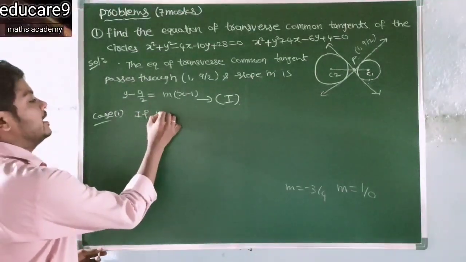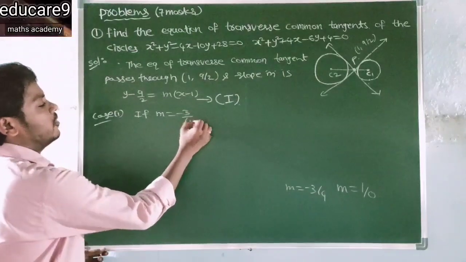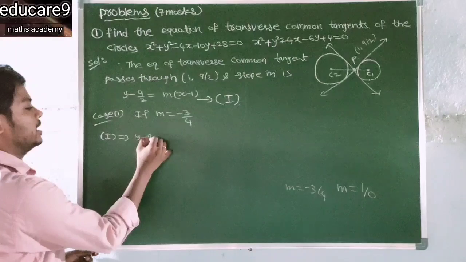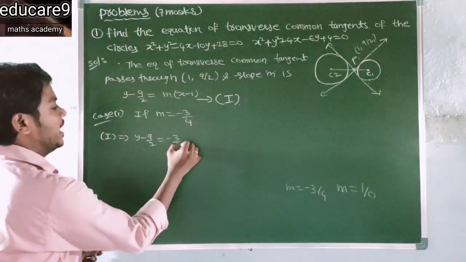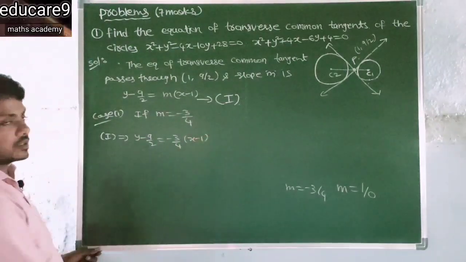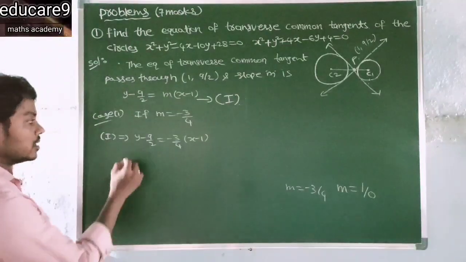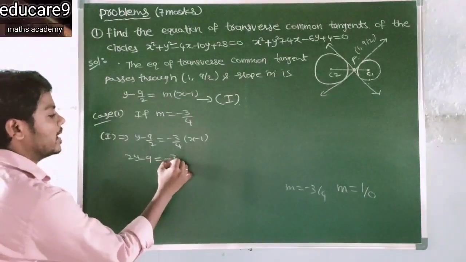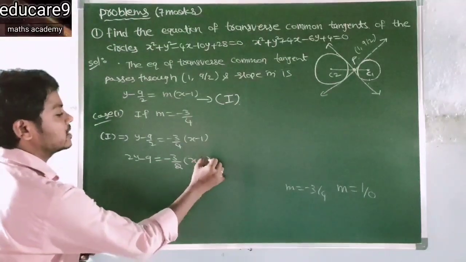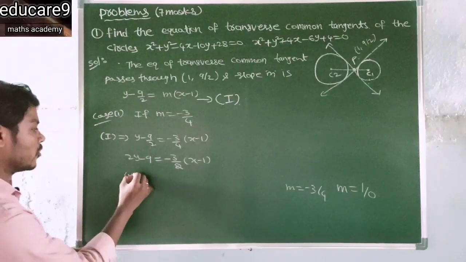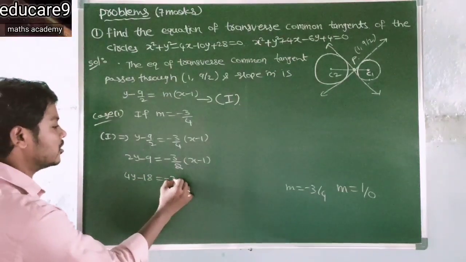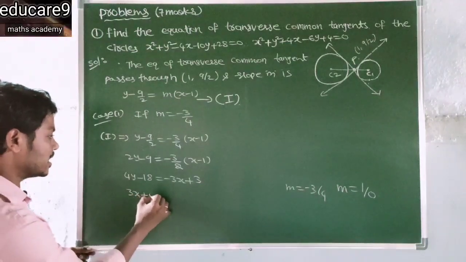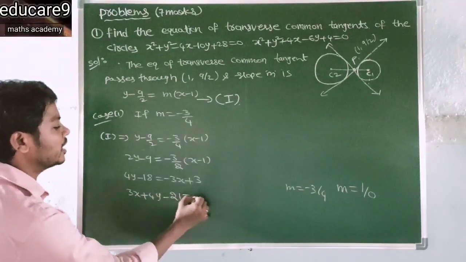If m is equal to minus 3 by 4, so equation 1 implies y minus 9 by 2 is equal to minus 3 by 4 into x minus 1. So this is 2y minus 9 is equal to minus 3 by 2 into x minus 1. So this is 4y minus 18 is equal to minus 3x plus 3. Again this is 3x plus 4y minus 21 equals 0.